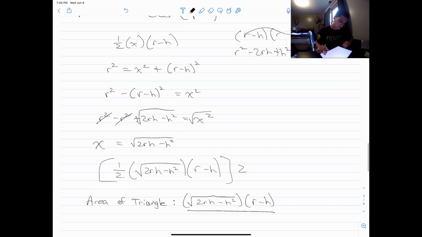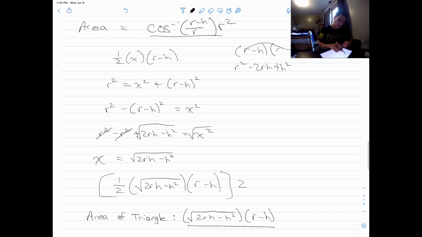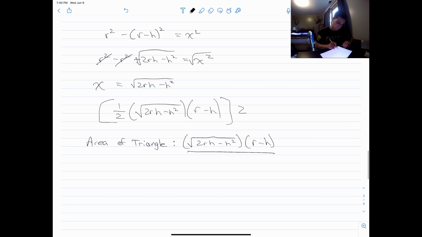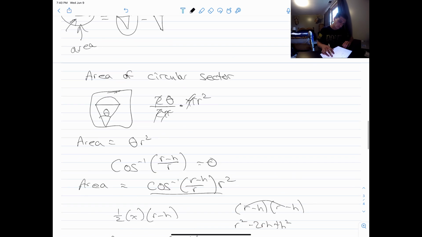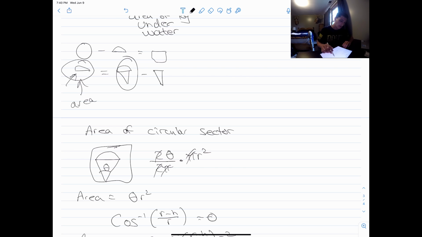Well, we know that the area of the circular sector is right up here, so the arc cosine of r minus h over r times r squared, minus our area of the triangle, is giving us our area of the top piece.